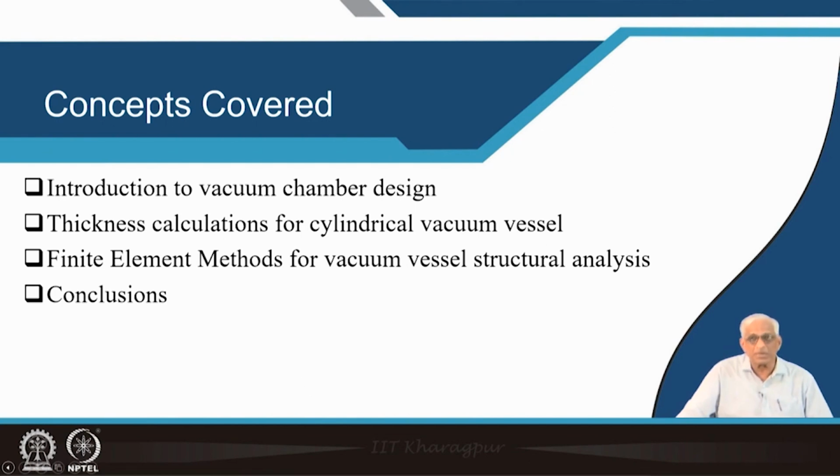And the most important parameter of a vacuum chamber is the thickness with which you are going to make the chamber, because it is the material's thickness that matters a lot. If you do not design properly, you end up spending a lot of money on oversized vacuum chamber materials, and if you make a mistake of undersizing, you end up in accidents.